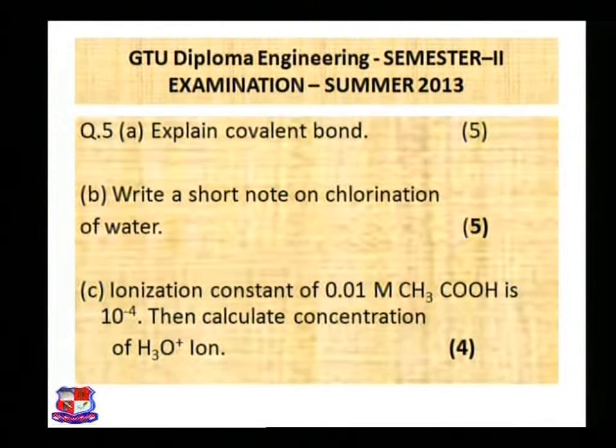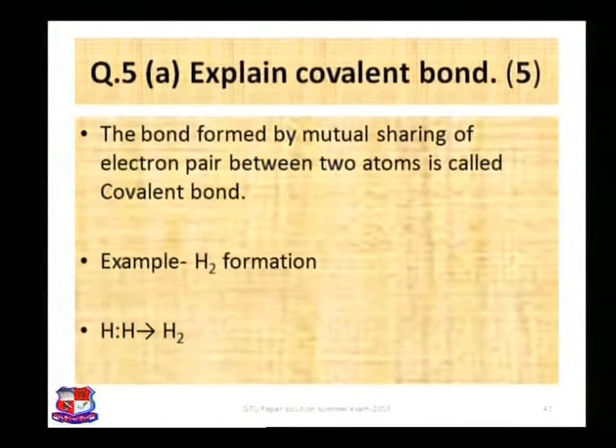Let us try to answer the next question. Explain covalent bond. We will start with the definition. The bond formed by mutual sharing of an electron pair between two atoms is called a covalent bond.